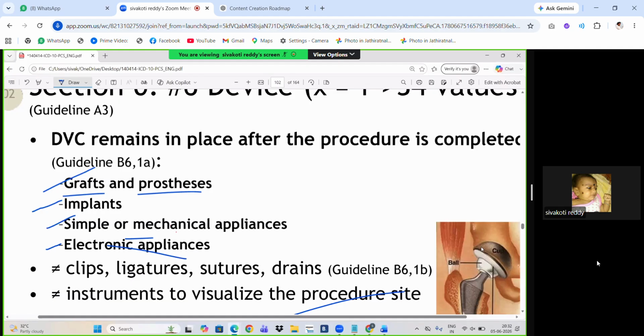Autologous device means from self, from the body of the same person. The sample is taken from the same person, harvested and placed, so it should be autologous. Non-autologous means from other sources, like another person or banks, such as bone banks and grafting banks, or donated by another person. It should be considered as non-autologous.